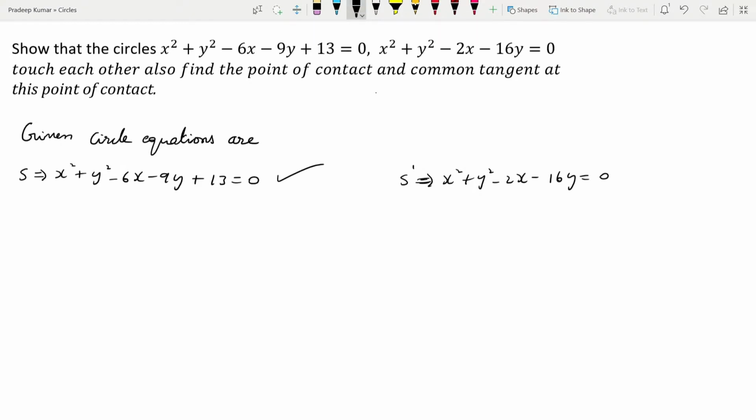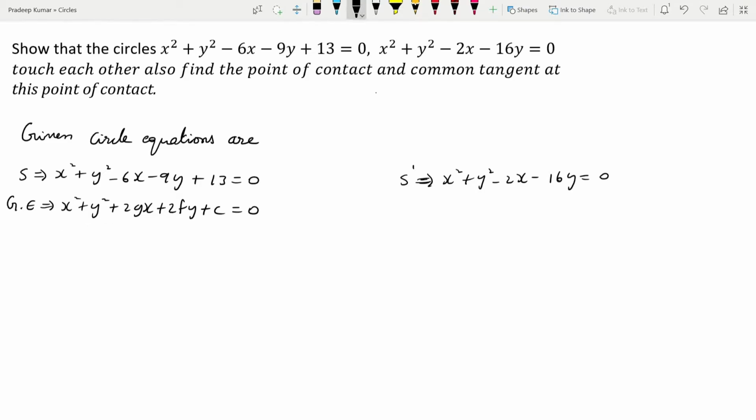Both of the circles I'll compare with the general equation. The general equation, in shortcut, I'm writing as GE, is x² + y² + 2gx + 2fy + c = 0.